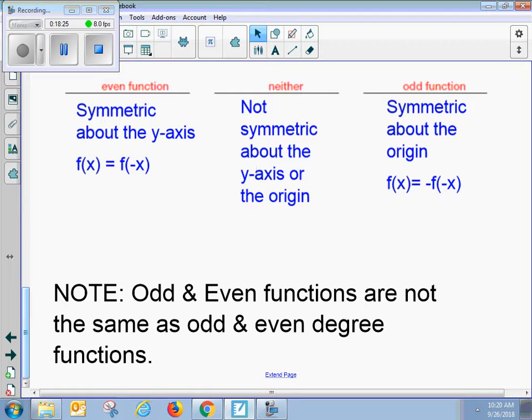To decide if it's an even or odd function, once I establish that, oh, it might be an x squared, so it's either going to be even or neither, okay? But an odd or even degree is just saying the biggest power there is even, or the biggest power there is odd. But it doesn't denote everything about the function itself, the entire graph, okay? That's what you're talking about with the whole function.